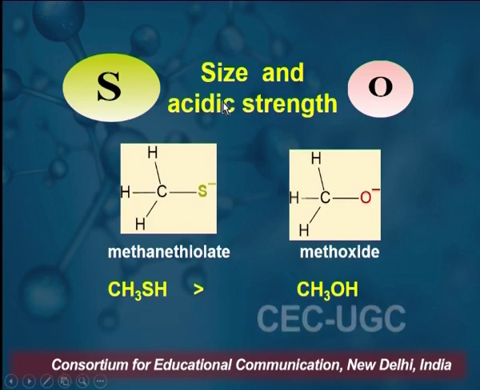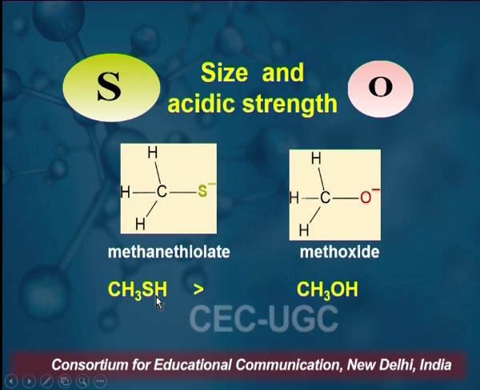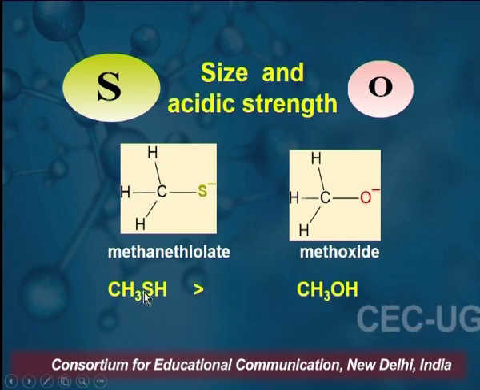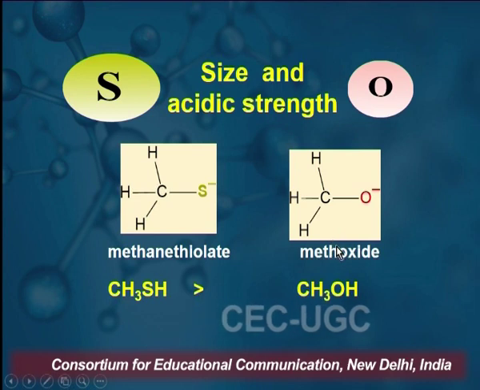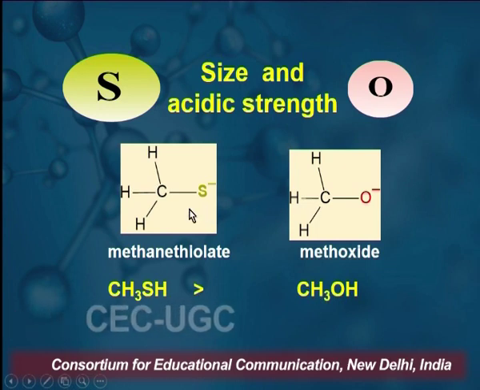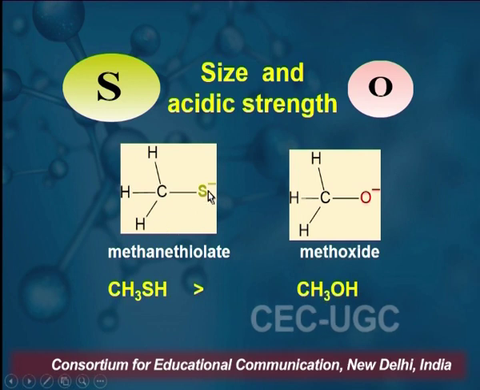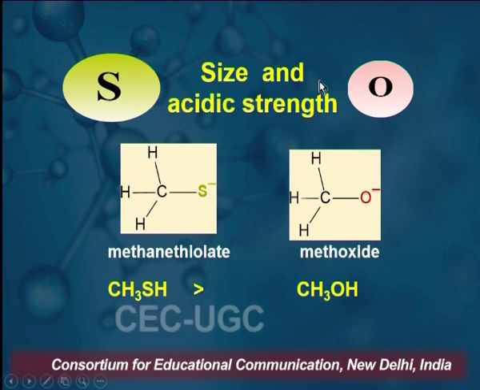Now, another aspect of the acidic strength is the size. Size also affects the acidic character of organic molecules. For example, when we compare the acidic strength of methane thiol and methanol, in both cases we will have formation of the conjugate bases, that is methoxide ion and methane thiolate ion. It is the stability of these ions which determines the acidic strength. In case of methane thiolate ion, sulfur has a larger size compared to oxygen.